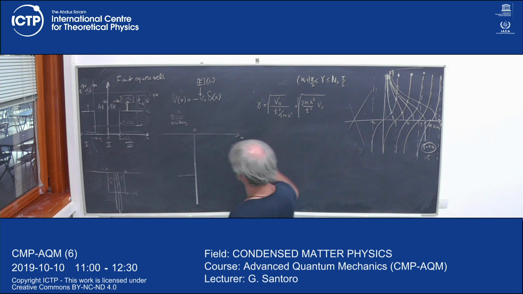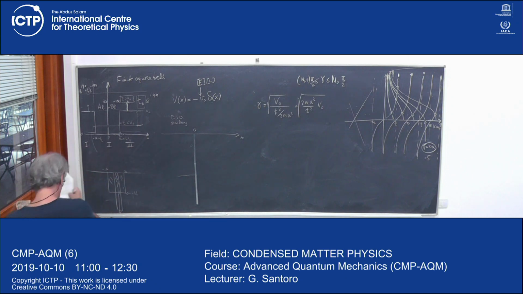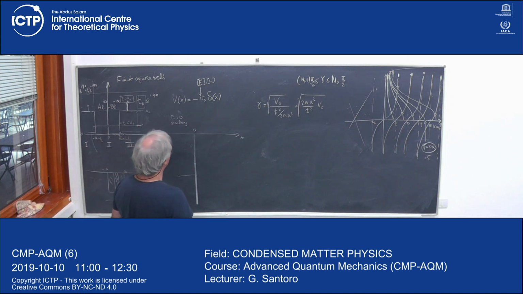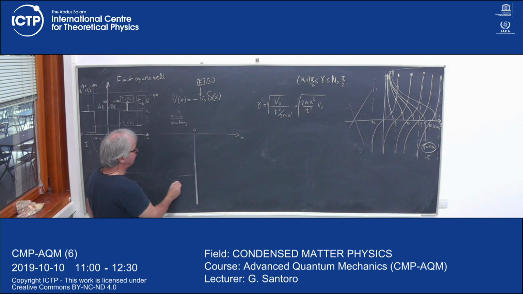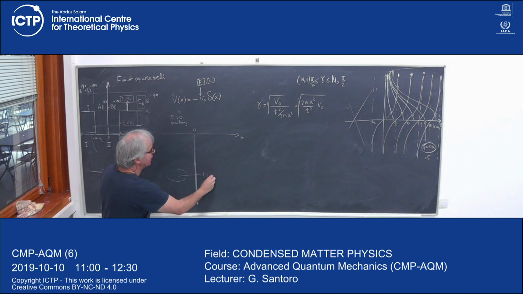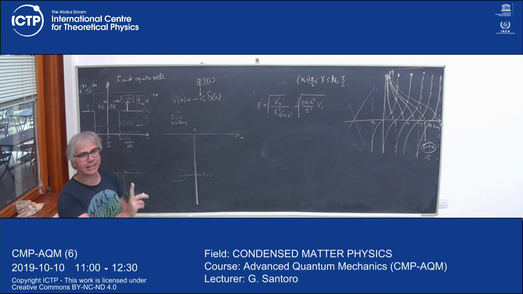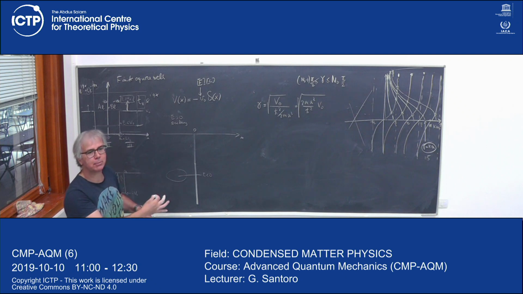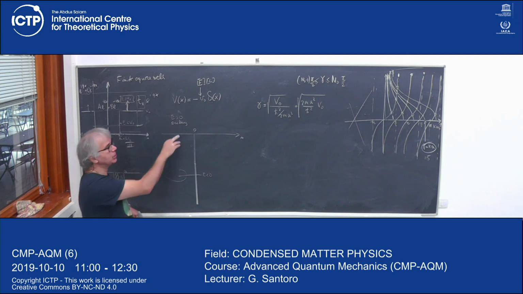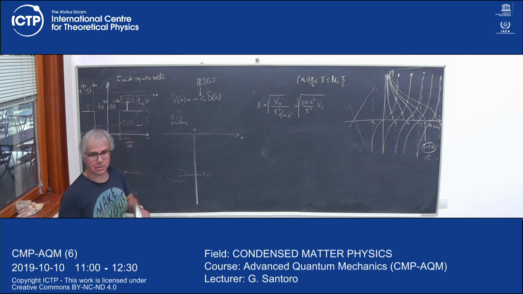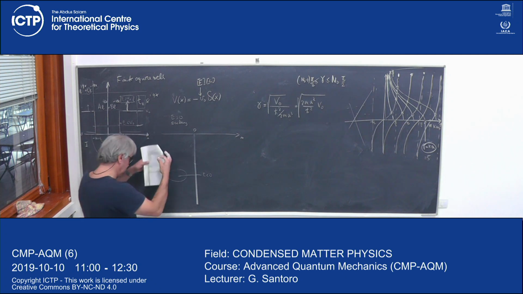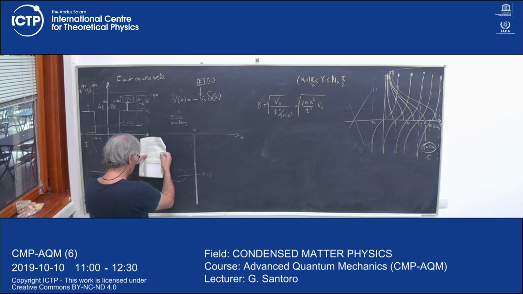I do not erase this because it would be useful in a while. Okay. First of all, what would be the possible form of the wave function here for x less than 0? The potential here is 0, but I want some energy E that is negative. How do you get negative energies in a limited region of space when the potential is 0? Decaying exponential, the usual object, right?